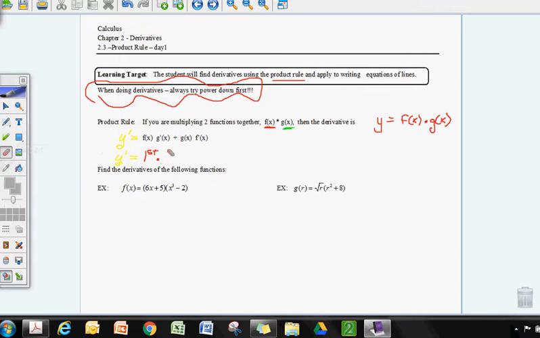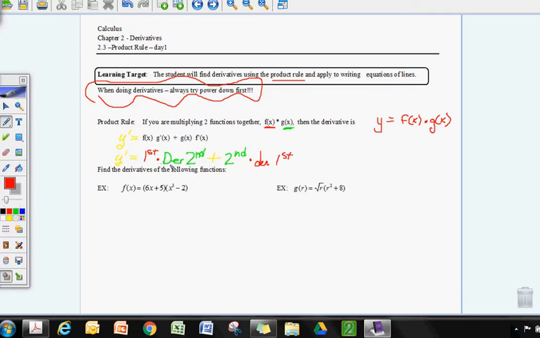So it's first times derivative of the second, added on to, notice this says the second function, just the plain second function, and that's going to be times the derivative of the first.